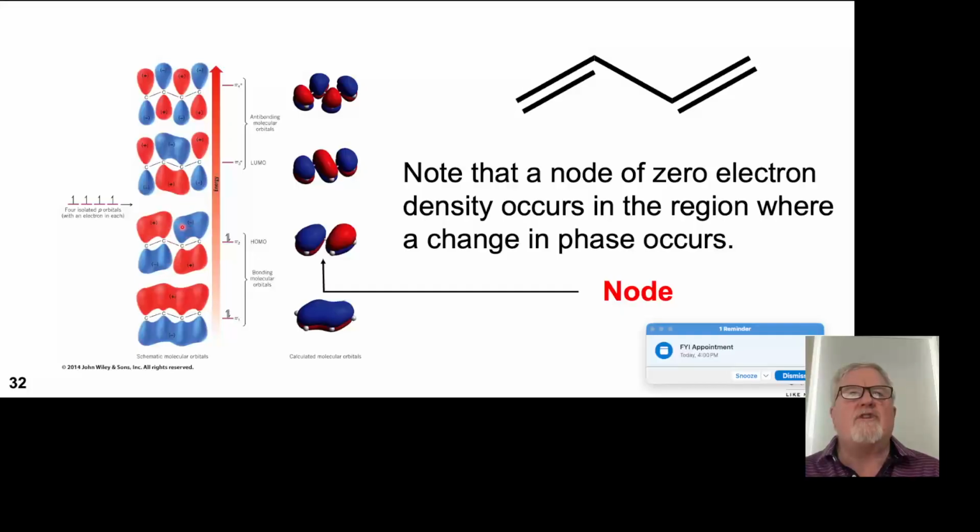There's a node between here and here because there's this change in sign. Now the next higher orbital, we have 2 nodes and then 3 nodes on going from left to right. So that's important. You always will increase the number of nodes by 1 as you go from bottom to top, as you go from lower energy to higher energy of these orbitals.